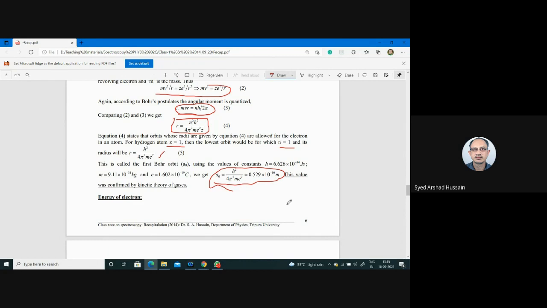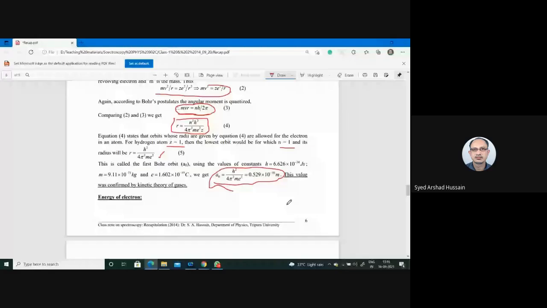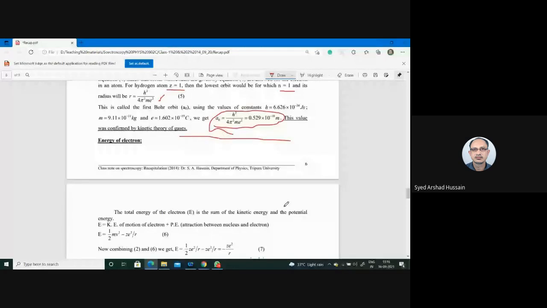And it was observed that this value is very close to the orbital radius of the atom, and this is confirmed by the kinetic theory of gas. So this is one success of Bohr's theory. So you can have an idea about the radius.